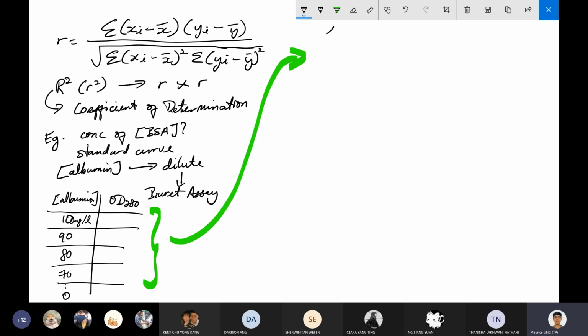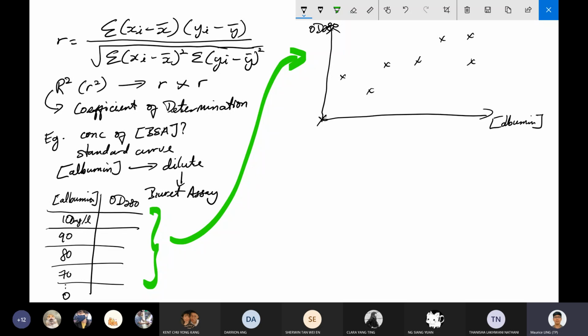So you plot a graph with your OD280 reading and the concentration of your albumin. You start from 0, and so on.